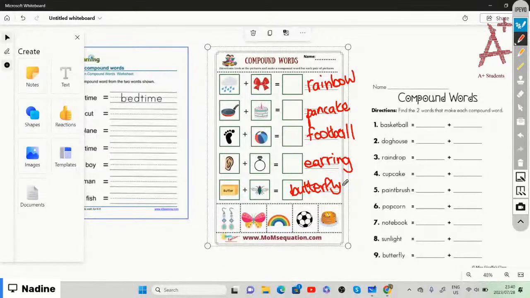It is a picture plus another picture, and then it becomes a compound word, right? Or we create a compound word by combining the two small words, right? And then right at the bottom, we even have the different pictures to match the specific compound words.